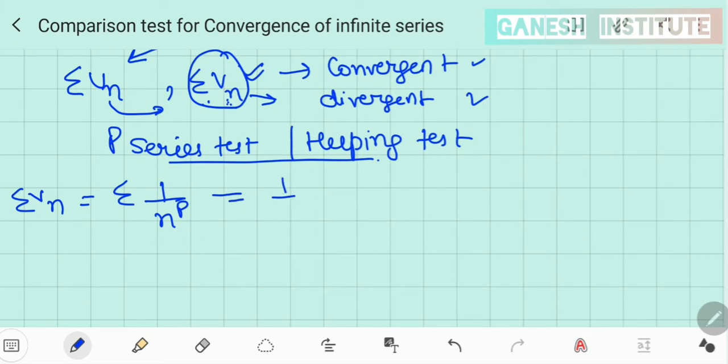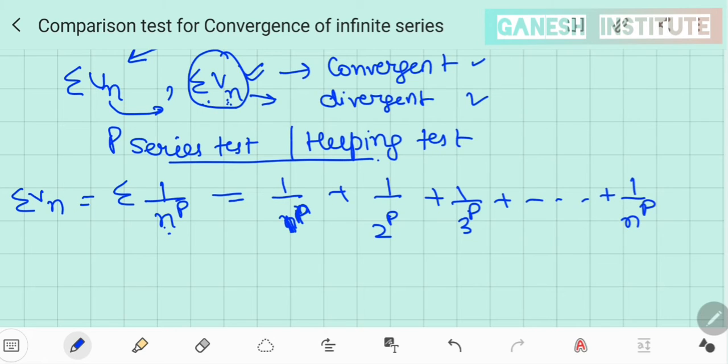And if you expand it, 1 by n raised to power p: 1 by 1 raised to power p, 1 by 2 raised to power p, put n as 1, n as 2, n as 3, and that will go on up to 1 by n raised to power p, right?